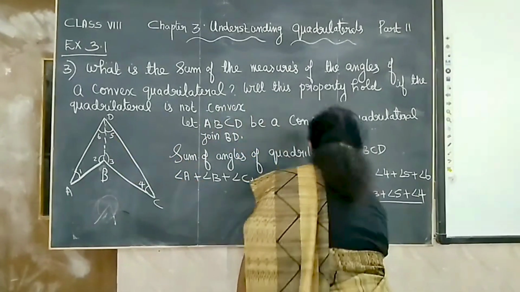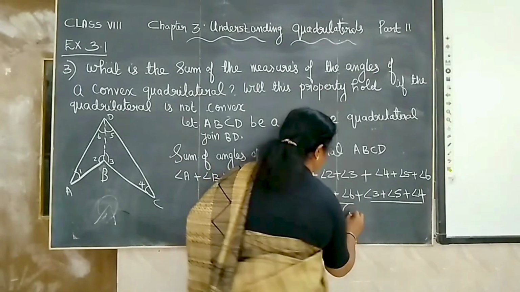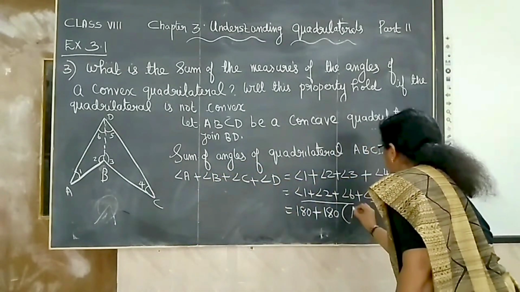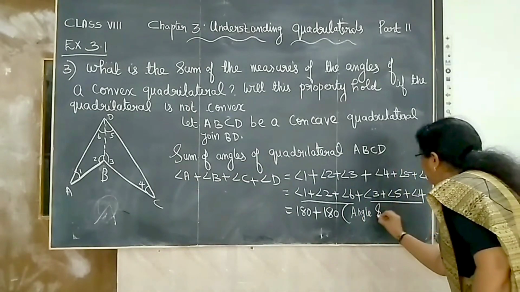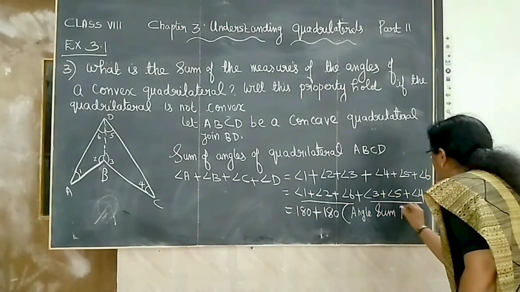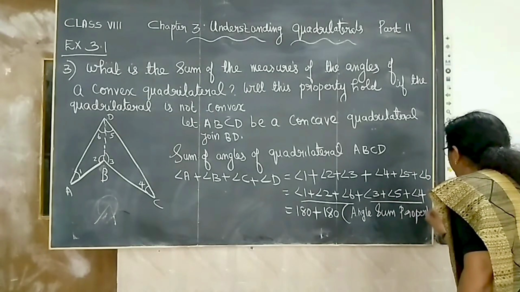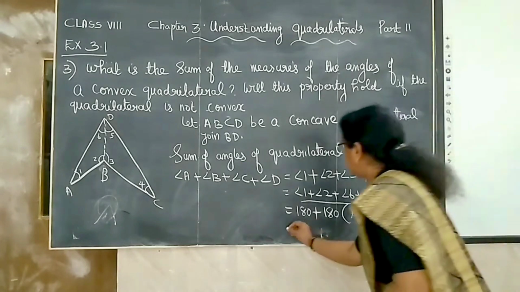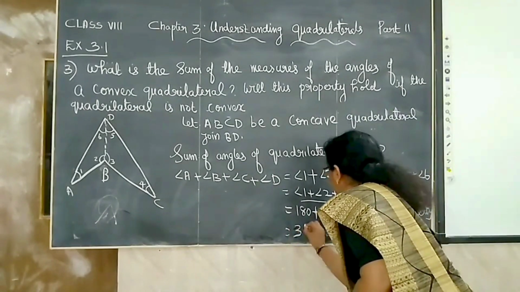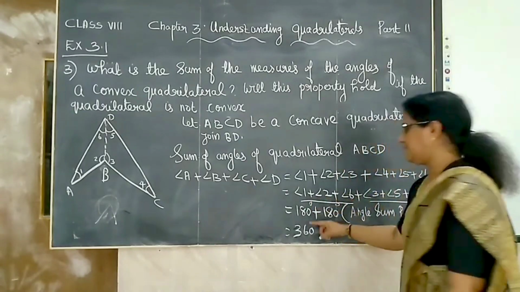The reason is the angle sum property. Now 180 plus 180 is 360 degrees.